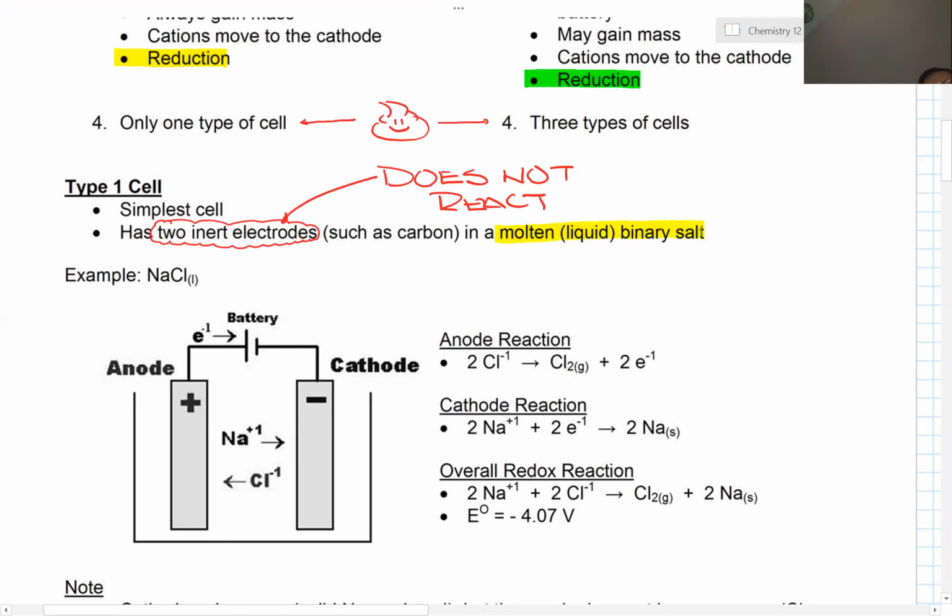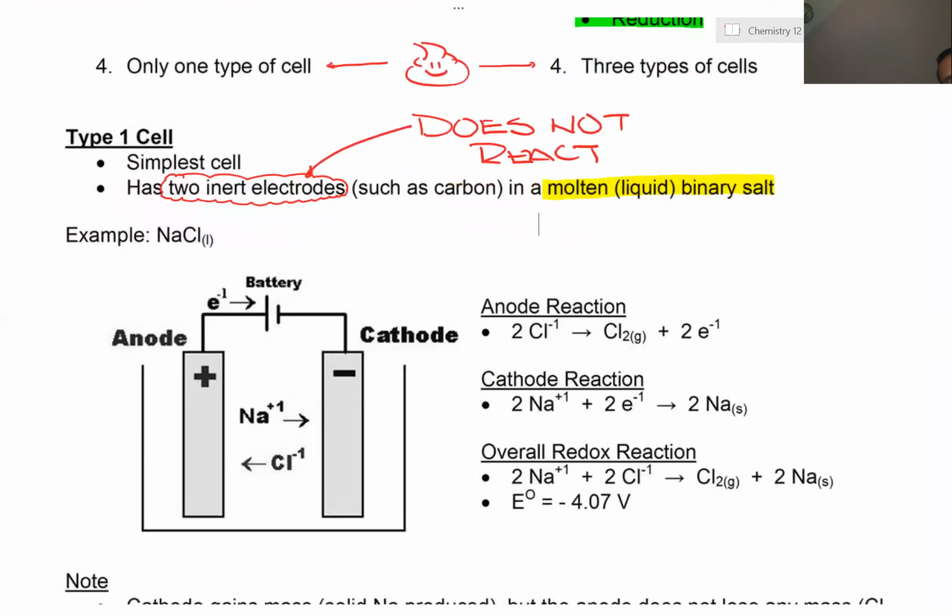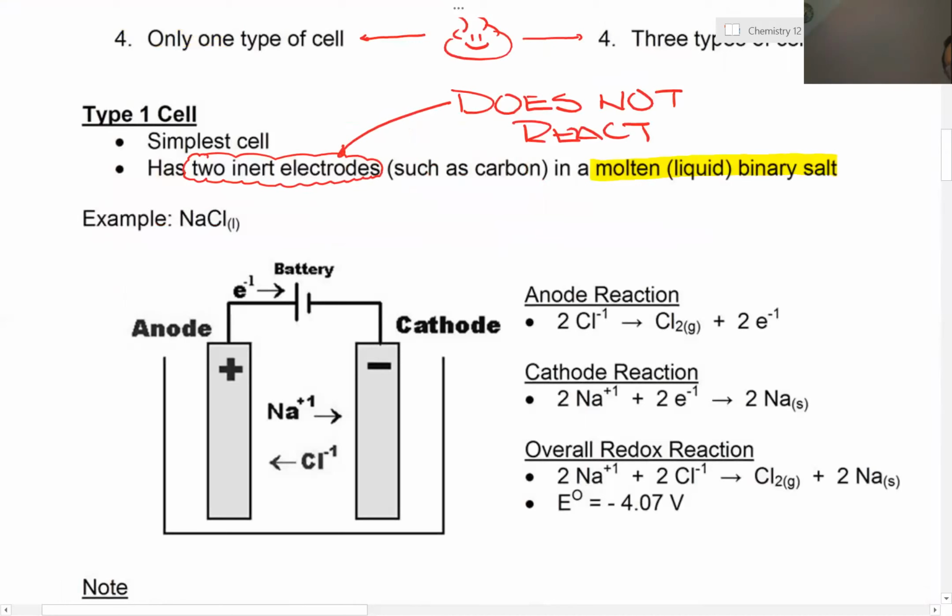Binary means, remember, two elements. For example here, let's look at sodium chloride, L. Notice the phase symbol is L. This means that it is liquid or melted.